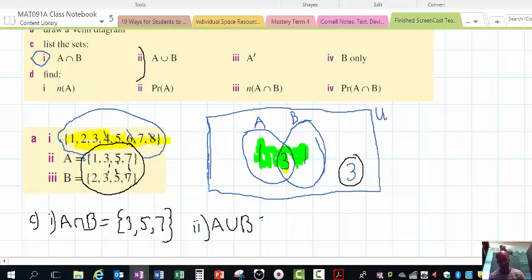Well, what are they? It's everything. Now we don't repeat things. So don't repeat the 3s, 5s and 7s. So we've got 1, we've got 2, we've got 3, we've got 5, we've got 7. We only put them down once each. Okay, and that should make sense because we've got 1 plus 3 plus 1 is 5. And we have 1, 2, 3, 4, 5 there.